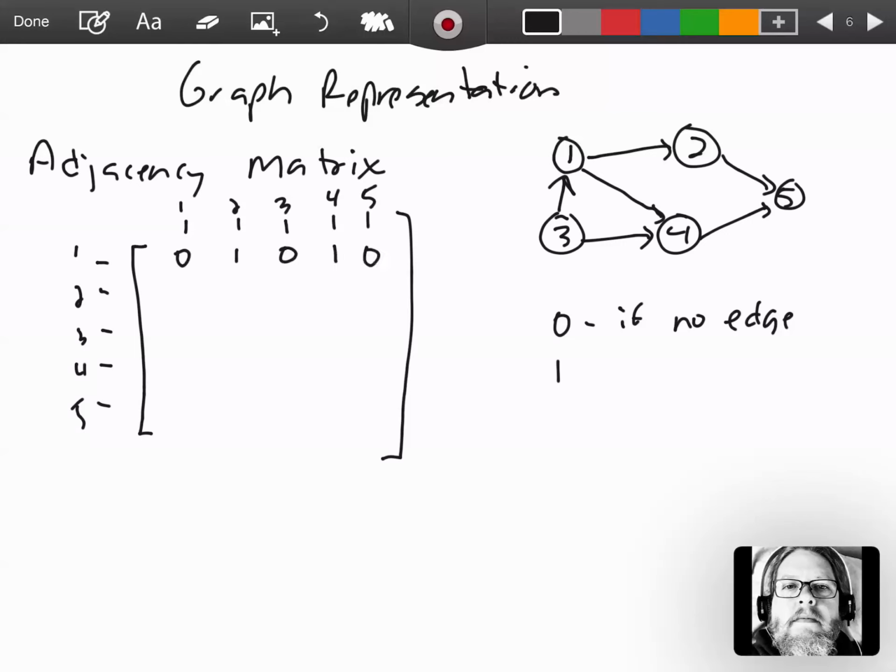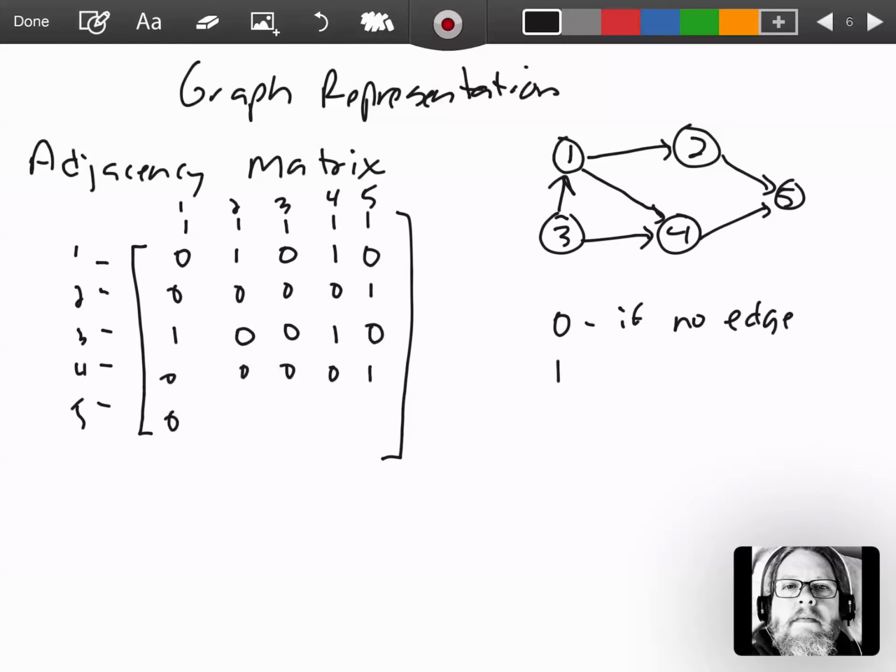Okay. From 2, 2 can only get to 5. So 2 has a 1 there, and a 0 everywhere else. Okay. 3 can get to 1. It can't get to 2. It can't get to itself. It can get to 4, cannot get to 5. Okay. 4 can only get to 5.